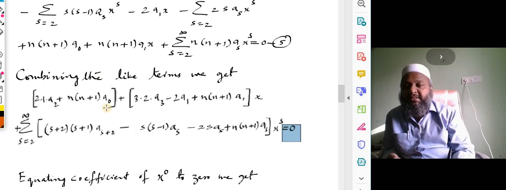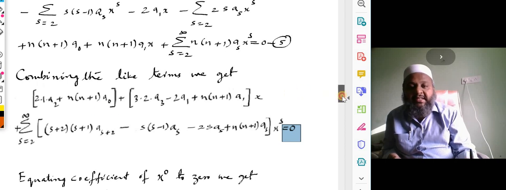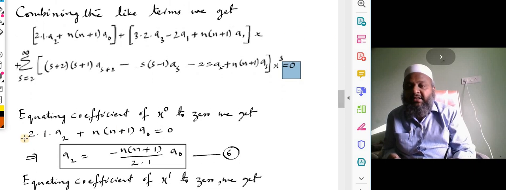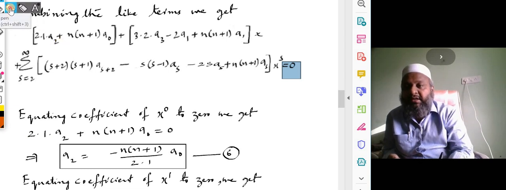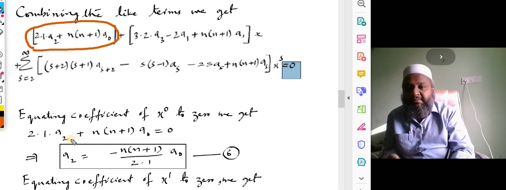This is the constant term, this is the coefficient of x. So if you make this equal to 0, you will get this equation 2a2 plus 2 into 1 into, I just wrote it, you can see here.